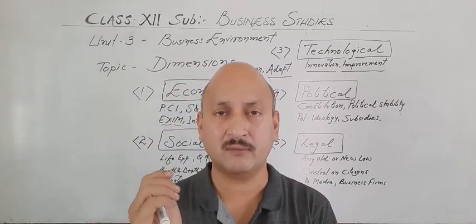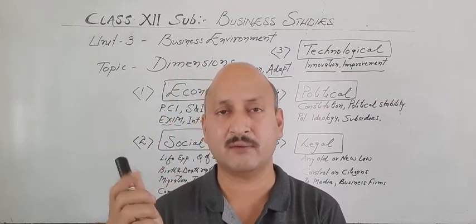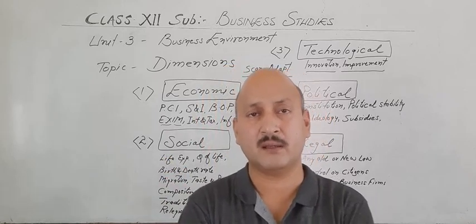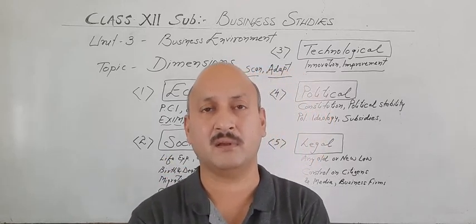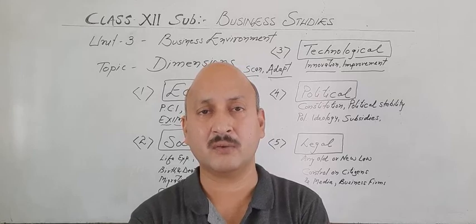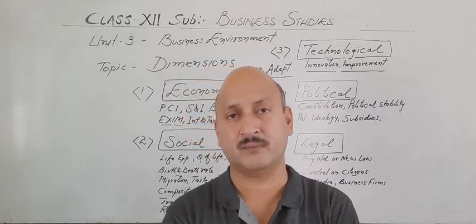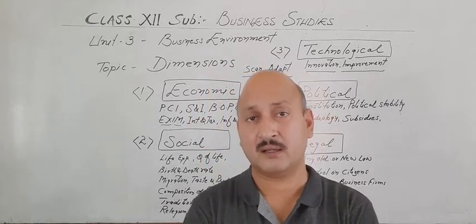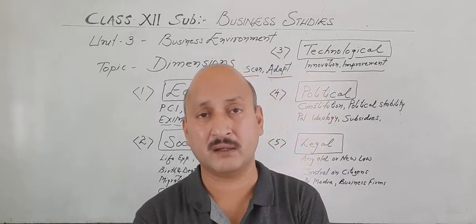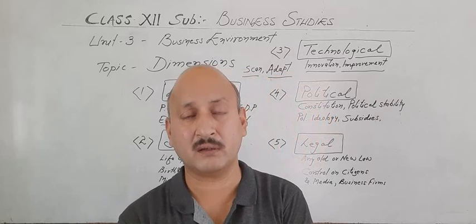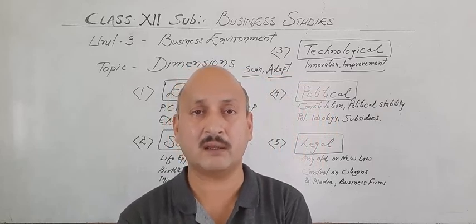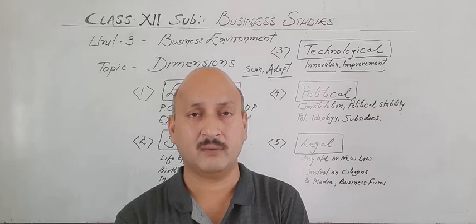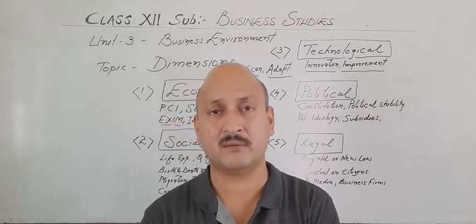So if we are aware about the legal environment, the new laws, then only we will be able to follow them. If we are unaware of the new laws, then how can we follow them? And there are more chances of getting penalty or fine or imprisonment if we violate any law. So we have to restrain ourselves.